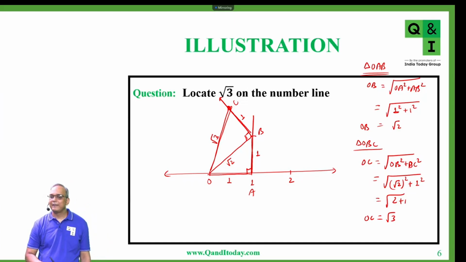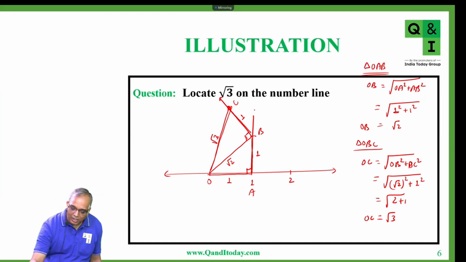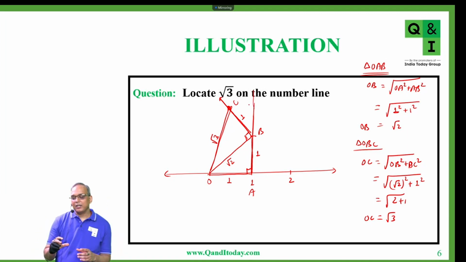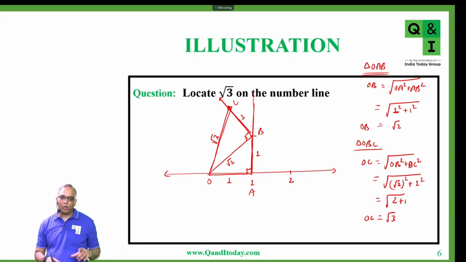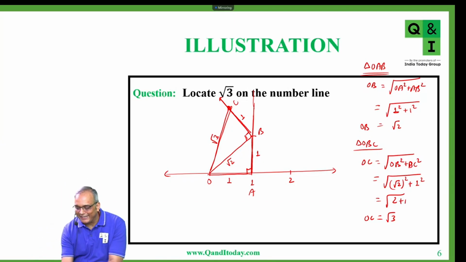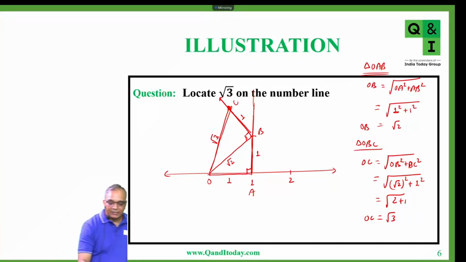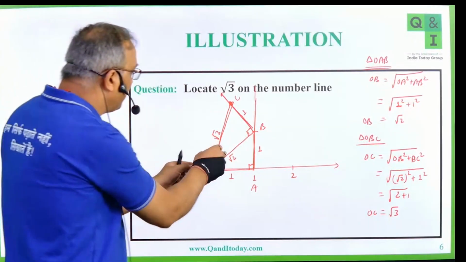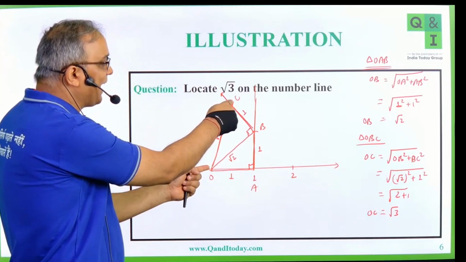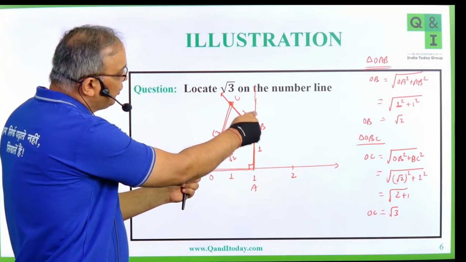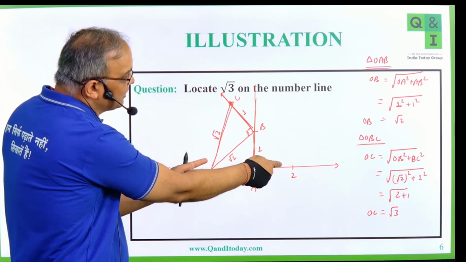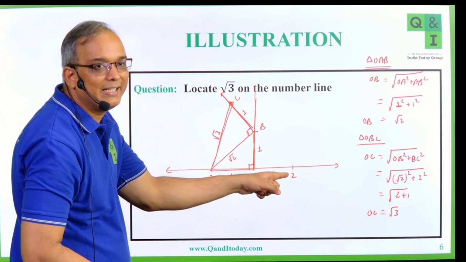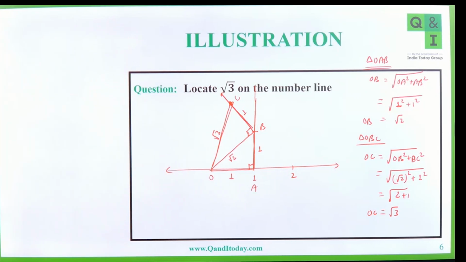Clear? Now, if we have to plot √3 on a number line, what I'll do, I'll take a compass, place it at O, take my arc as OC, and then draw this arc from O to C, which is going to cut this horizontal line at point D. Let us do it.